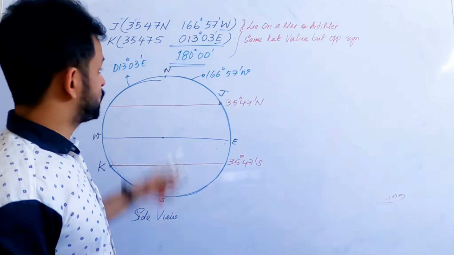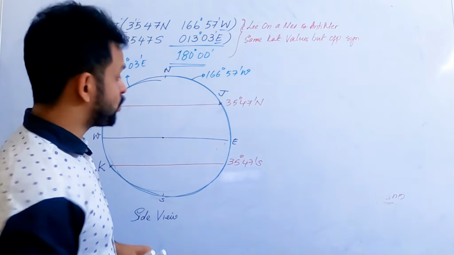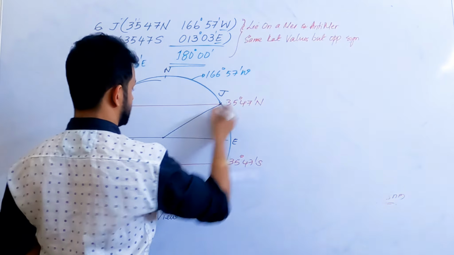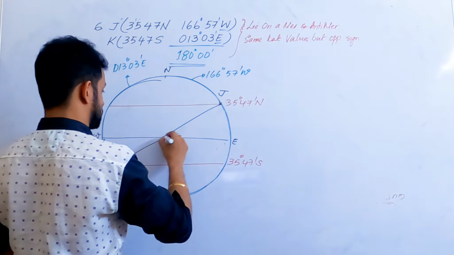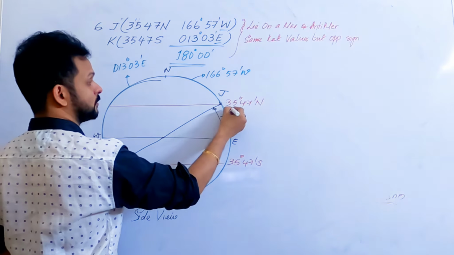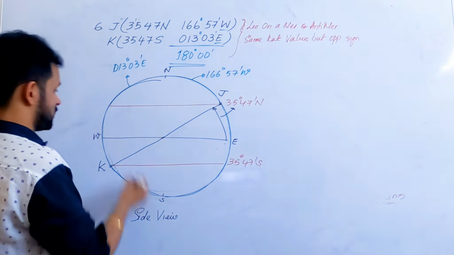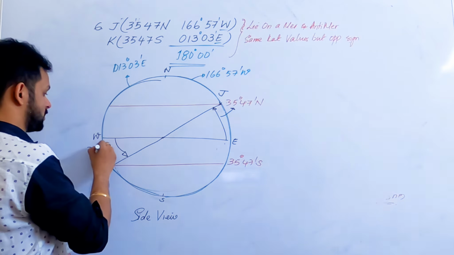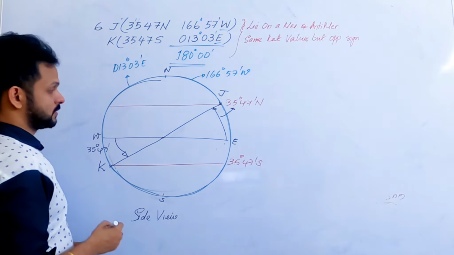It doesn't matter whether you travel along north or south. What is the reason for that? Let me find the angle here. We connect this, and this angle is 35 degrees 47 minutes, and this is going to be the same, 35 degrees 47 minutes.